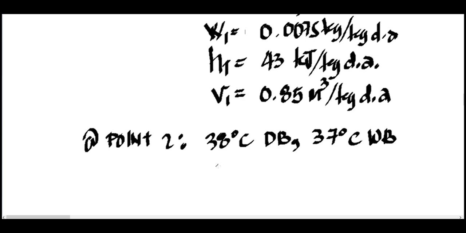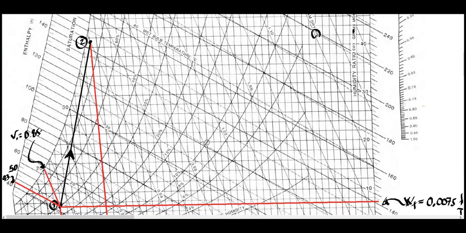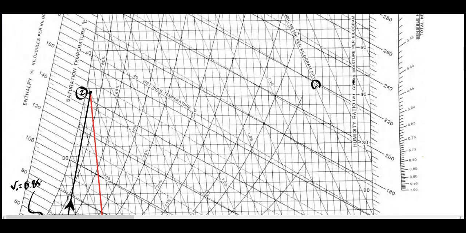So we have the properties of your humidity and also your enthalpy at this point. Okay, so let's try to plot the value and also plot the lines in order to get the value. So what we have here, drawing the line.